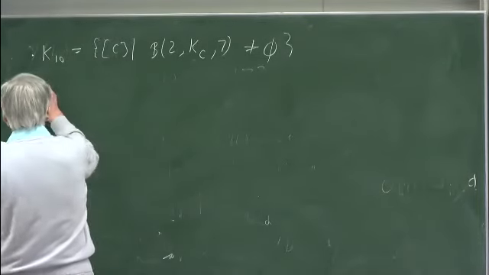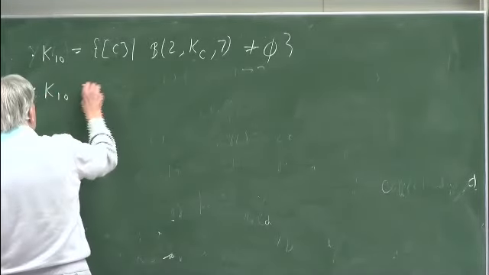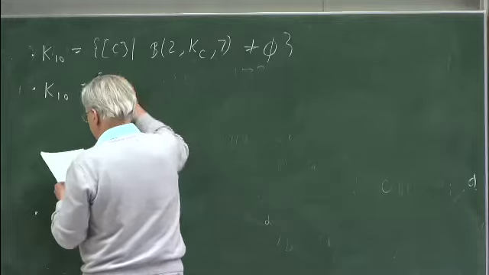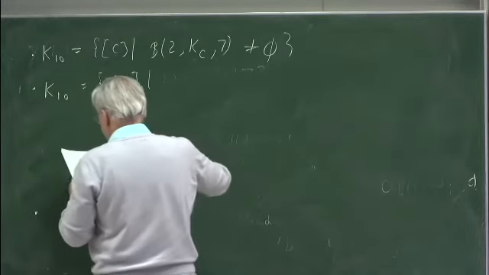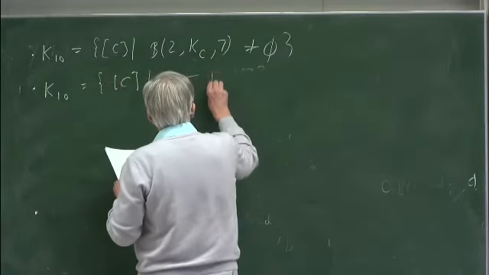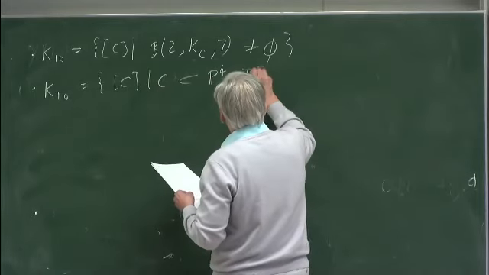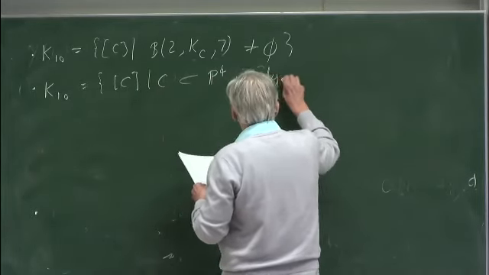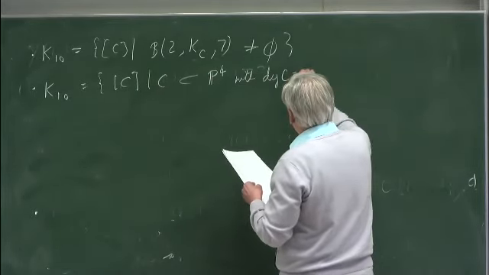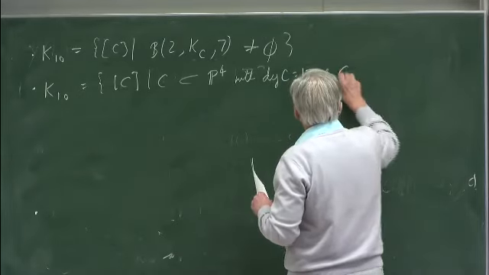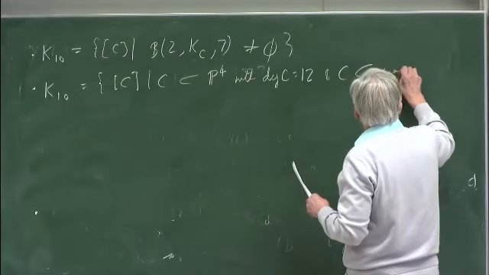I'd also like to rewrite this because it's relevant to what I'm going to say later. It's also C contained in P4, so it has an embedding in P4 with degree of C equal to 12 and C contained in a quadric.